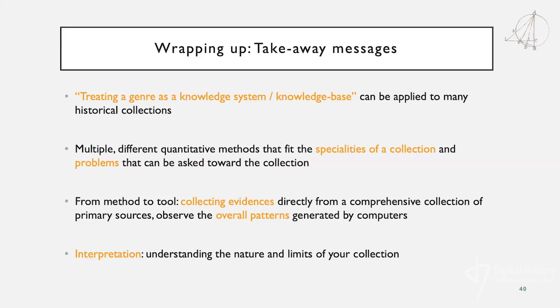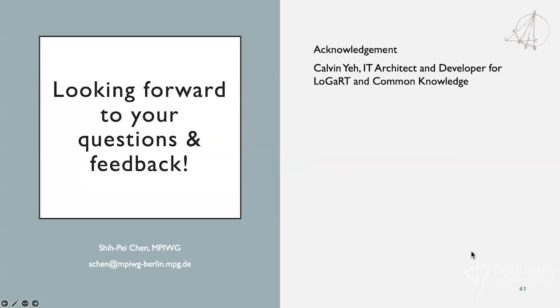But the interpretation still relies on the historian or the user, because this person, in order to correctly interpret what the data is telling, needs to understand the nature and also the limits of that collection, in order not to impose a very wrong and very off interpretation. So with that, I look forward to your questions and feedback.